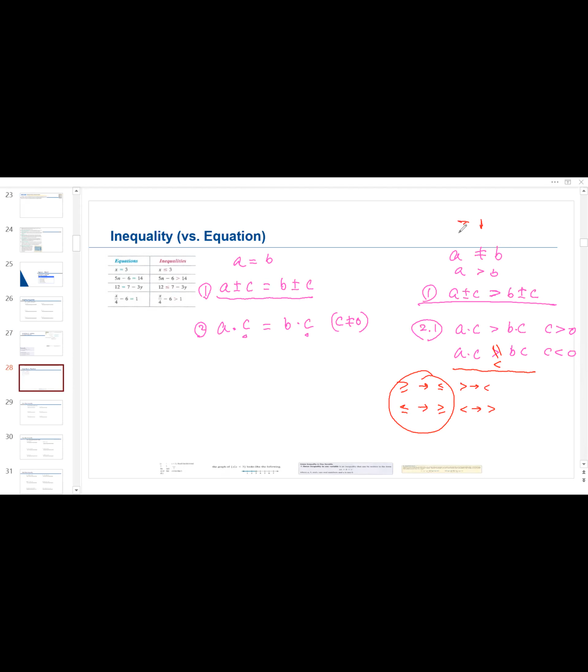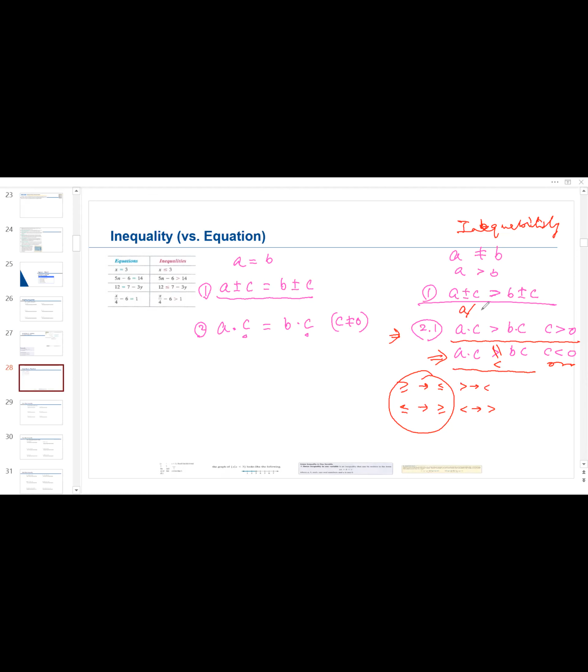In inequality, the most important thing you need to remember is this part. When you times a positive number, you are not changing the alligator mouth. When you times a negative number, you need to change the alligator mouth. Same for divide, right?